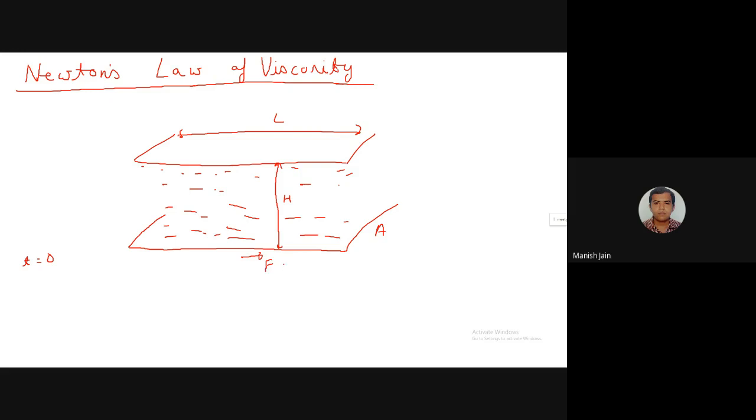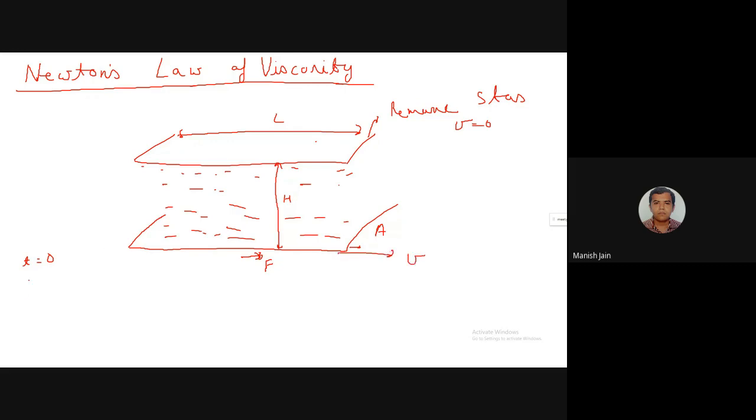When you apply the force F, you will see that the bottom plate starts to move, and you keep the upper plate stationary, with v equal to 0. After some time you will observe that the bottom plate moves with the velocity v.